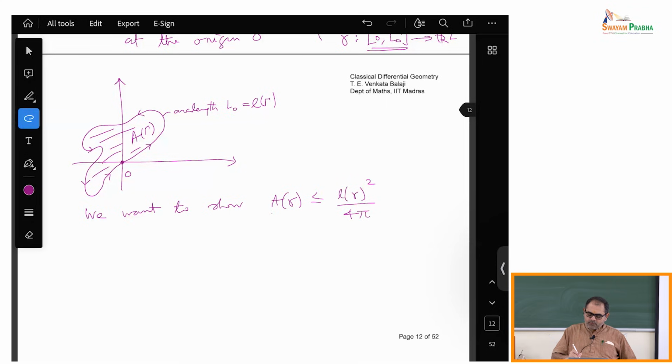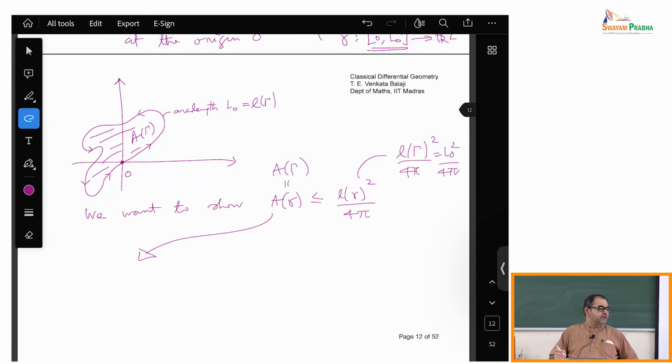Now, how do you relate A gamma to the curve? Mind you, A gamma is the same as A capital gamma. And this is bounded by L of capital gamma squared by 4 pi, which is of course L naught squared by 4 pi.